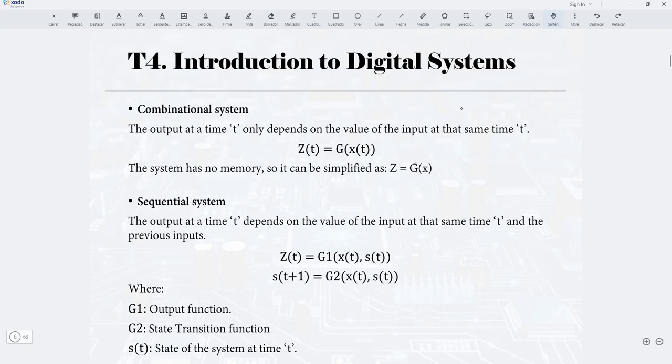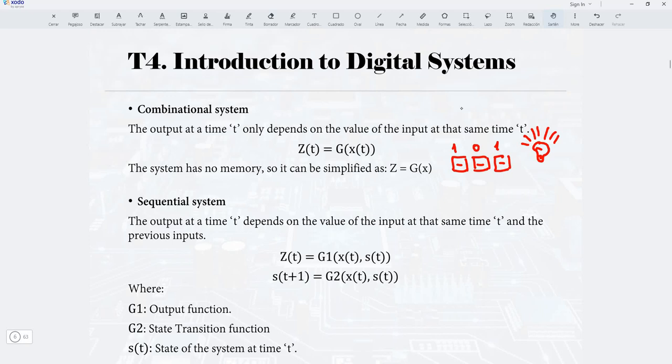Imagine that we have, for example, three switches. If we activate the first switch, we don't activate the second switch, and we activate the third switch, a bulb is going to turn on. So this light only depends on the combination of the switches.